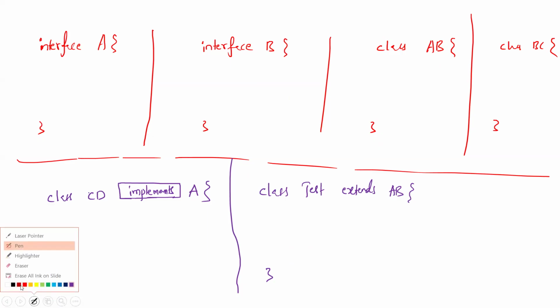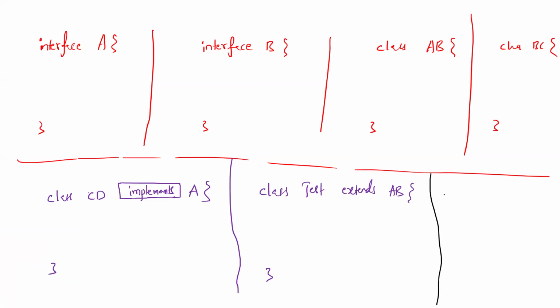Then the next part is, what if some interface, say interface 1, wants to use this A, but A is another interface only. Then what is the keyword here?